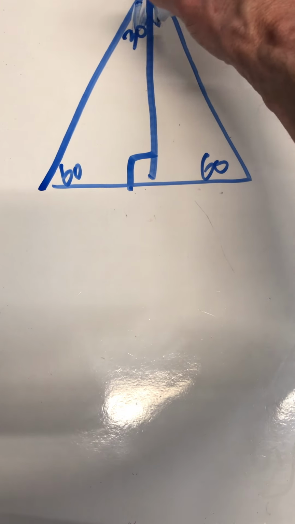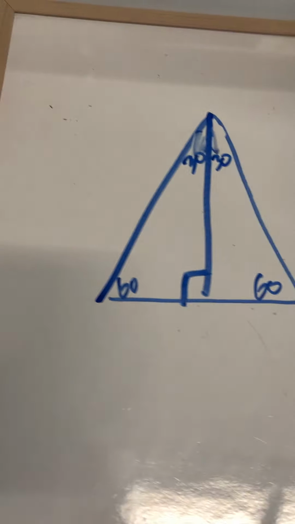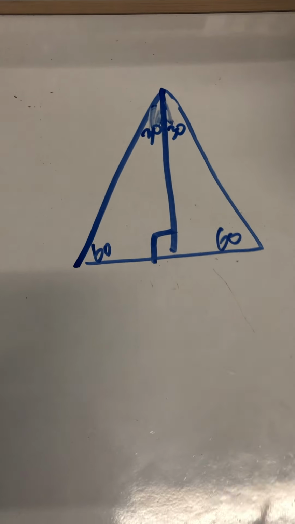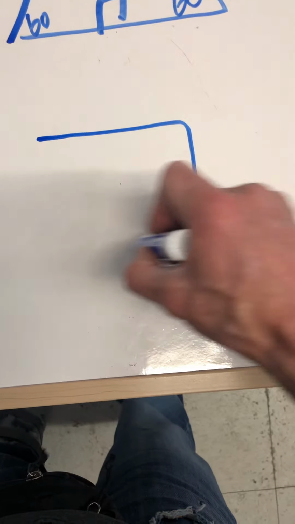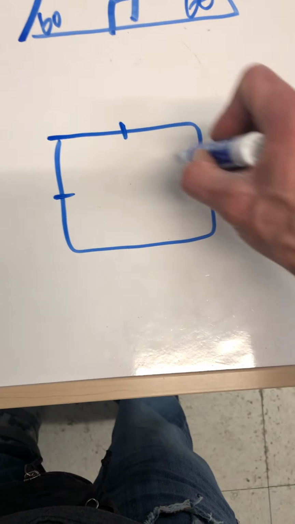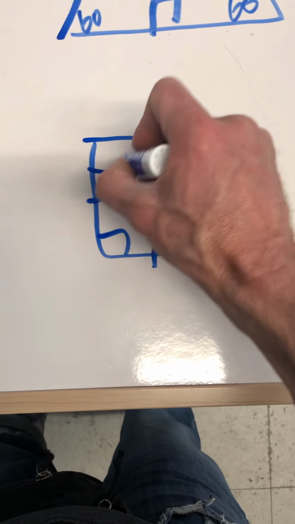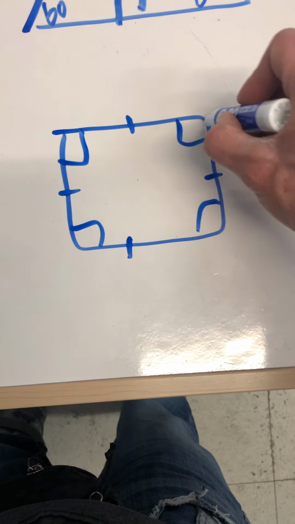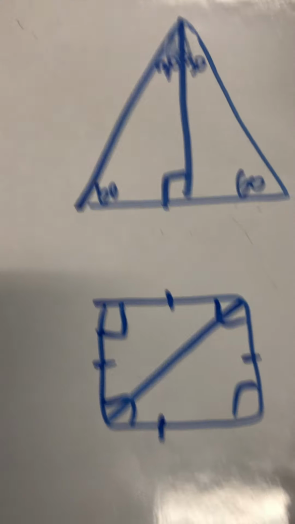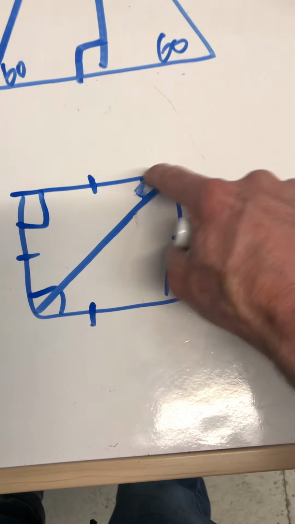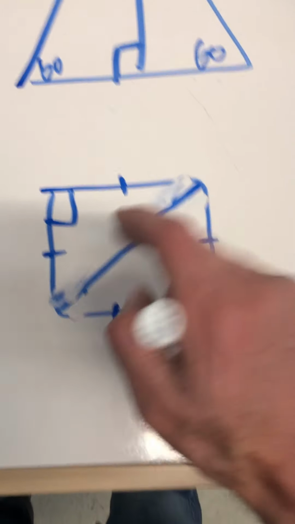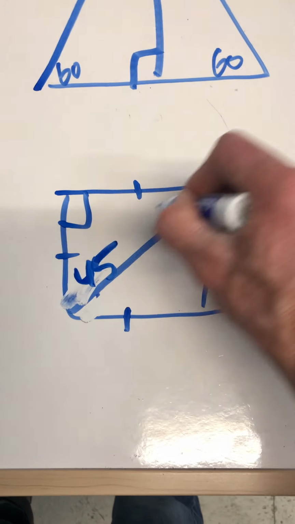Half of 60 is 30, and it creates two 30, 60, 90 degree triangles. And the last thing that I said was a square. If you have a square and you draw a diagonal, technically this diagonal bisects this 90 degree angle, and you are given two 45, 45, 90 degree triangles.